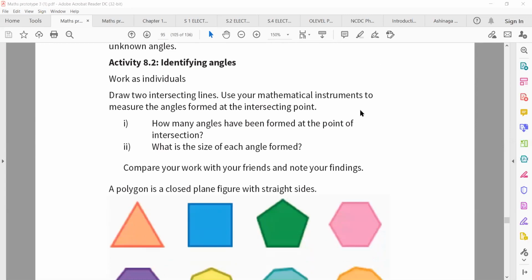How many angles by estimation do we expect to form at that point of intersection? Maybe we can have one of the girls tell us how many angles they expect to be formed at that point of intersection.